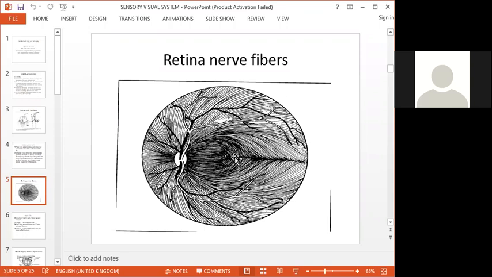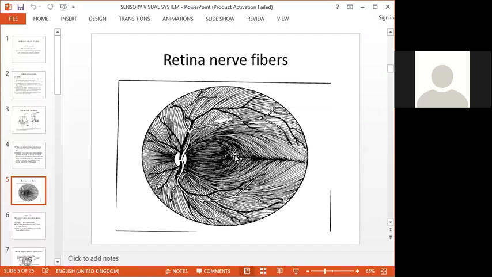So fibers temporal to the macula have to travel out like that to enter here. These ones, they come like that. But the ones from the macula go directly to enter the disc. All these fibers have to enter the disc and come out as the optic nerve. So this is central vision.